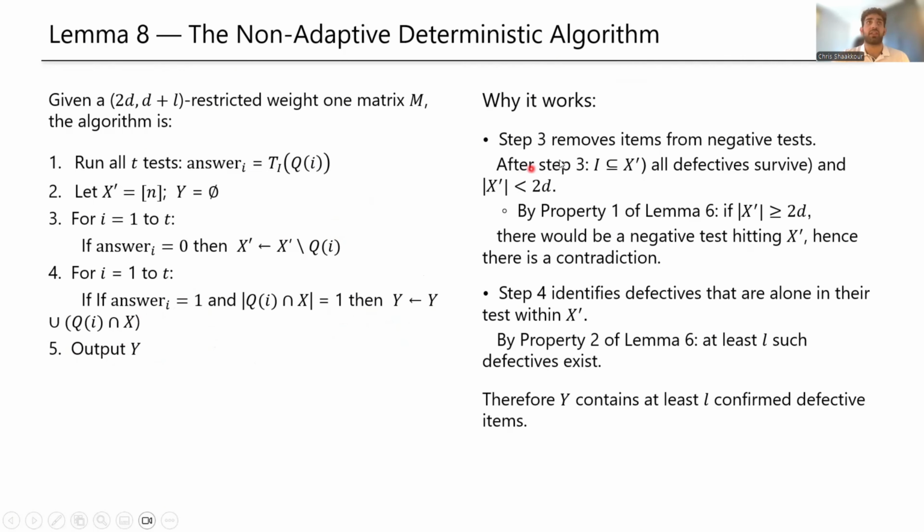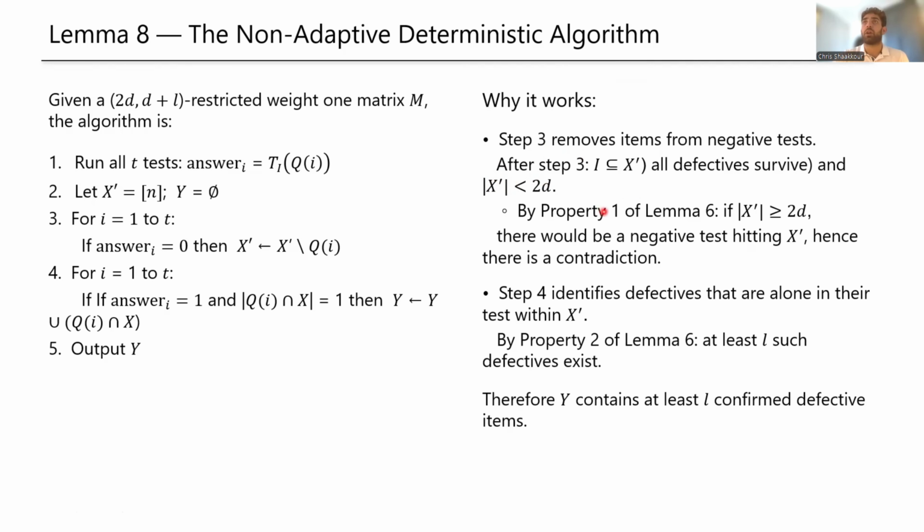Why does it work? Step 3 removes items from the negative tests. Each test that is negative, that did not detect a defective item, is excluded from X prime. And then X prime has all the defective surviving items, and the size of X prime is known to be smaller than 2D.